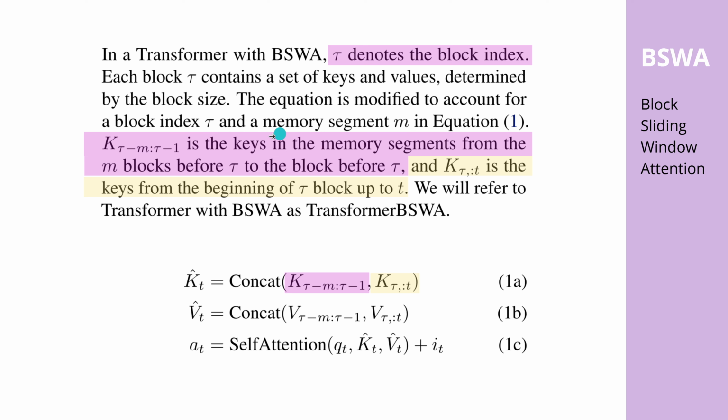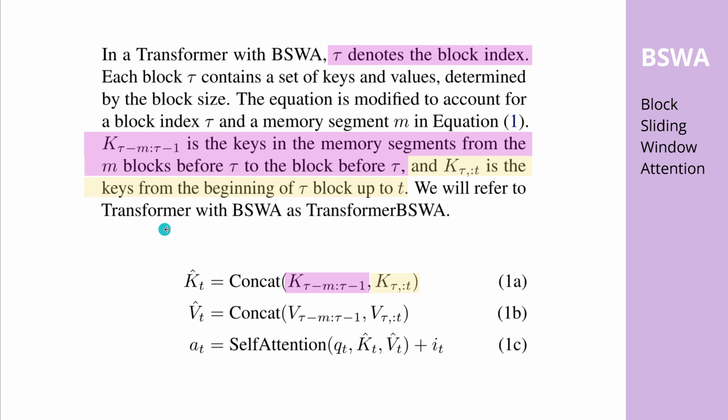And now we have a particular notation. So for the keys here, we have the key tau minus M to tau minus 1. And this simply means this is the keys in the memory segment from the M blocks before tau to the specific block before tau, tau minus 1. And we have here the notation of keys from tau, comma, to t. This is the keys from the beginning of the block tau, block up to t.